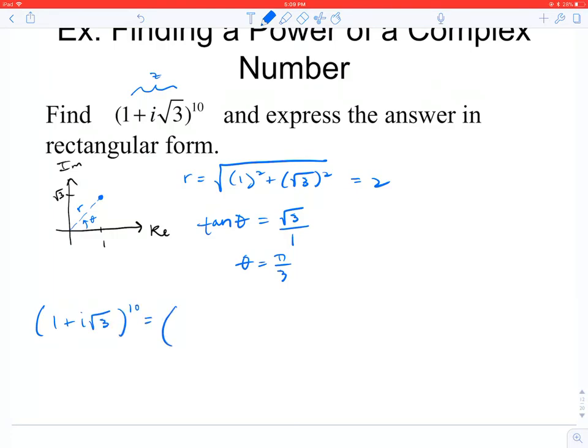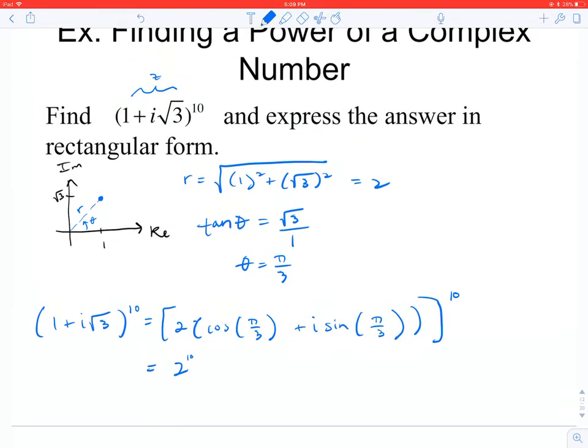So 1 plus i root 3 raised to the 10th power is going to be equal to 2 times cosine of pi over 3 plus i sine of pi over 3, raised to the 10th power.